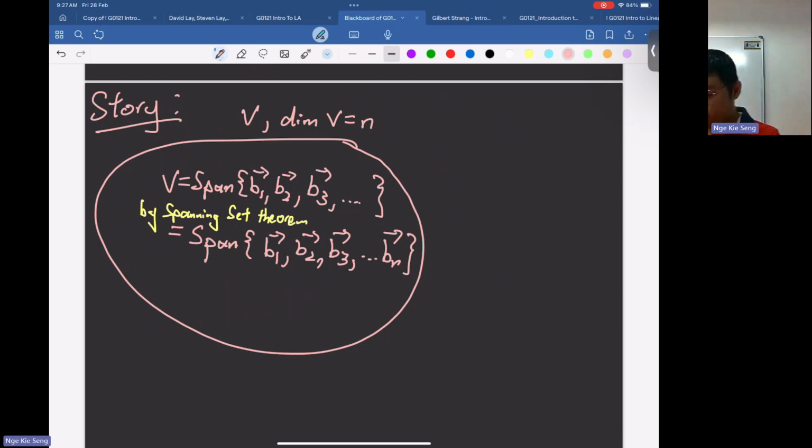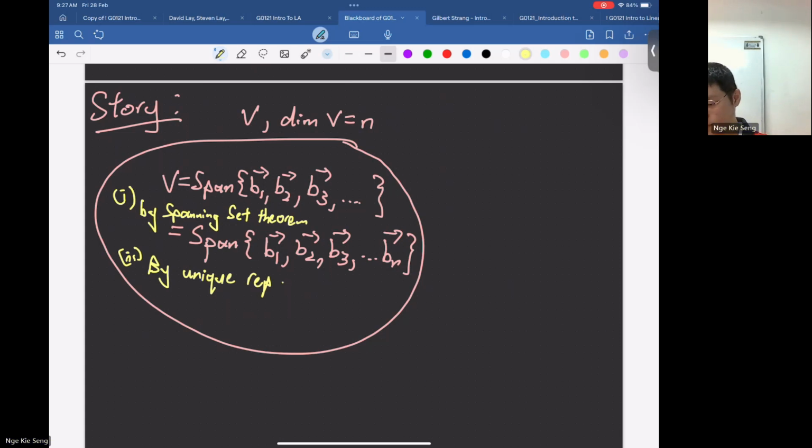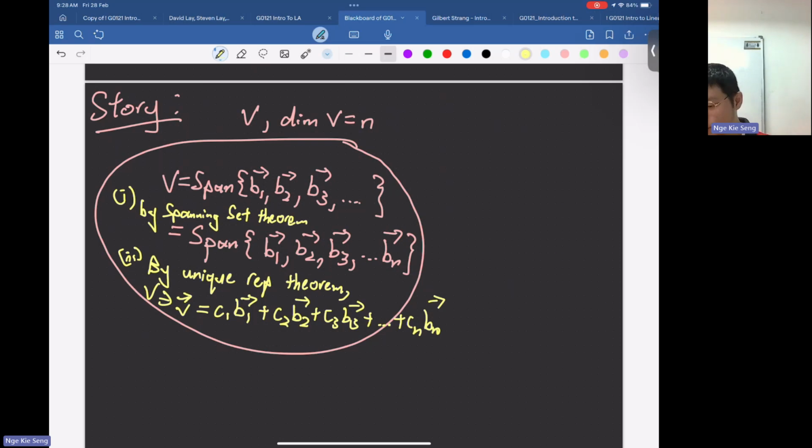So by the unique representation theorem, every v inside your vector space you can express as a linear combination of your basis vectors. And what's the unique part here?